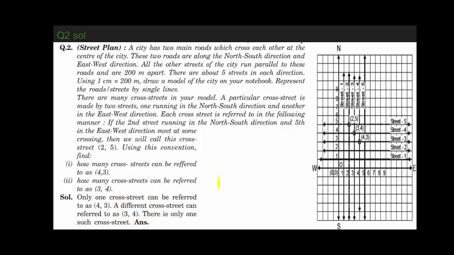In both the cases there will be only one cross street, since they are meeting at only one point. If they meet at more than one point, there would be many cross streets, but since they are meeting at only one point, it will have only one cross street.